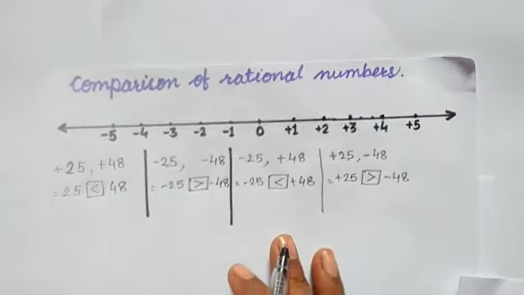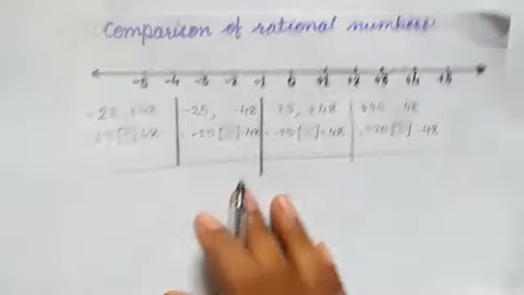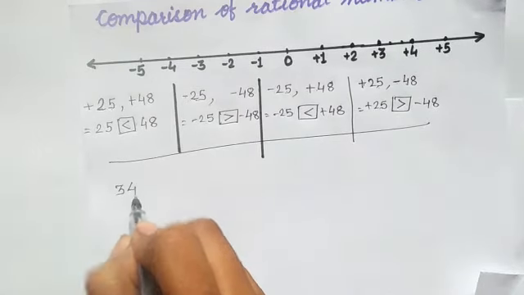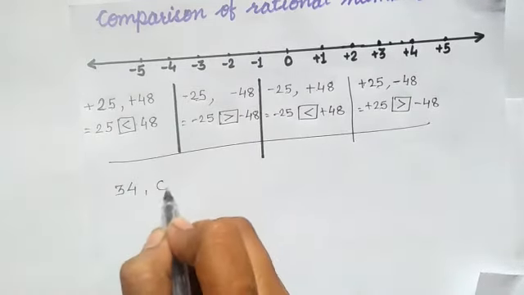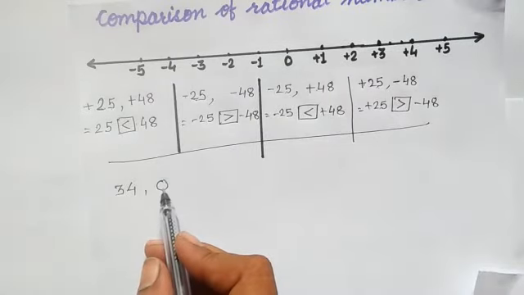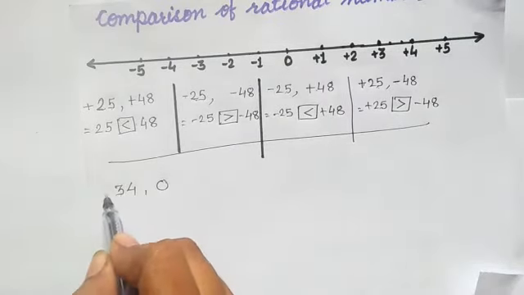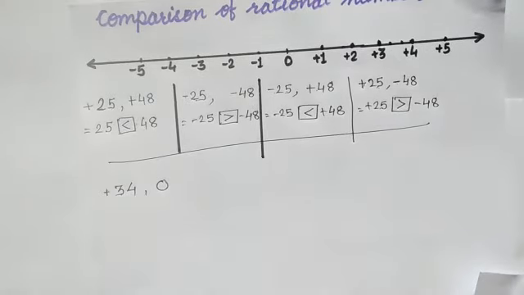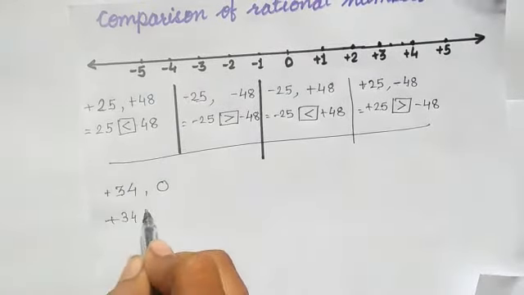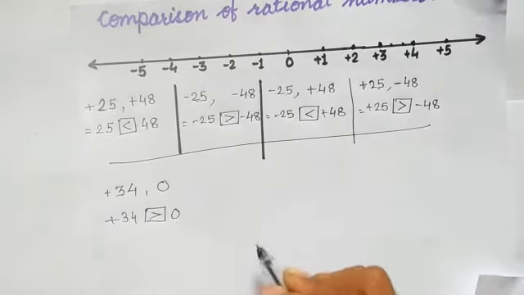If we compare the numbers with 0, suppose the number is 34 and we have to compare it with 0. As 0 does not have a symbol, it's a neutral one, and the 34 has a symbol, that is positive. It means that positive 34 is greater than 0.